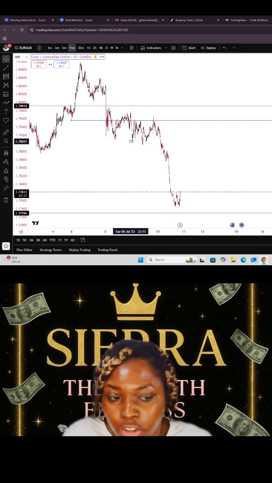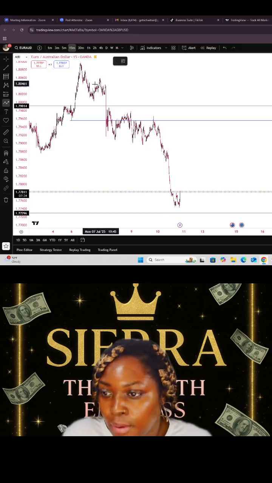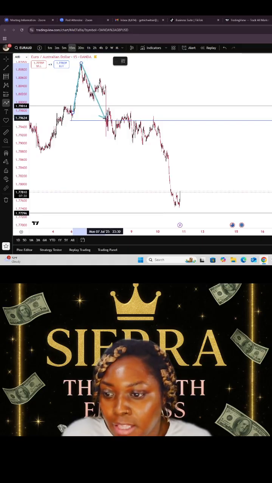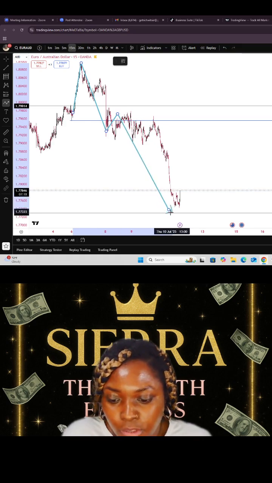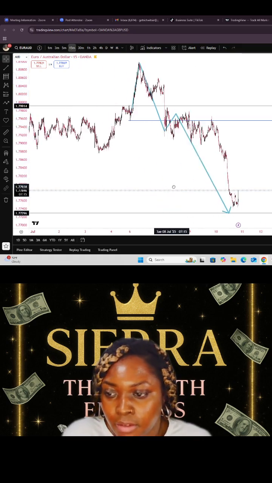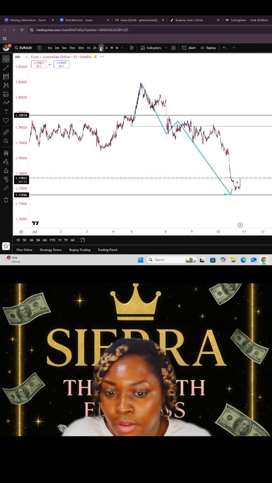That's called a break of structure. All right. Price came outside of the black line, came back into the black line, broke our structure, traded back into our structure, okay, and then traded away almost to our TP area, okay.